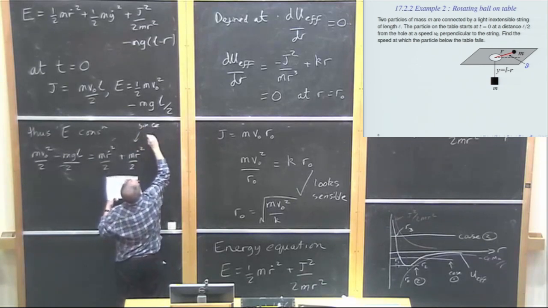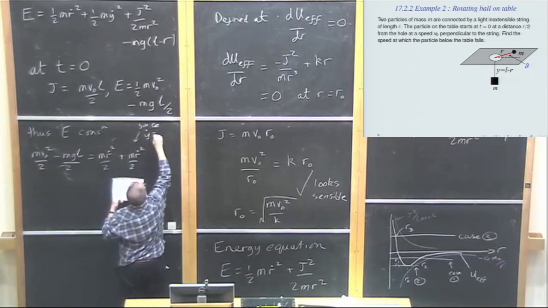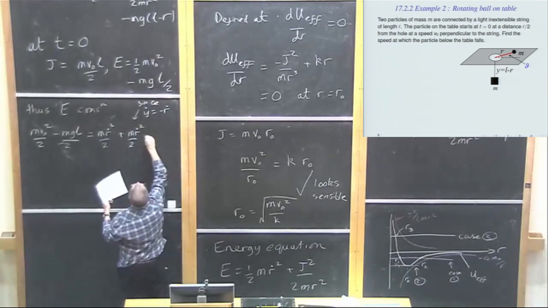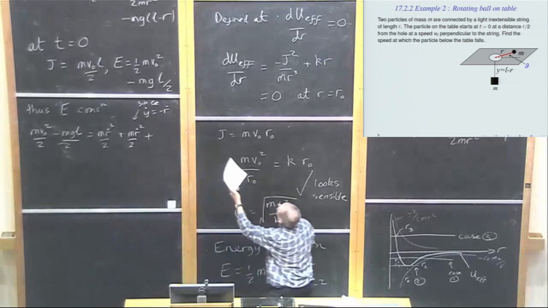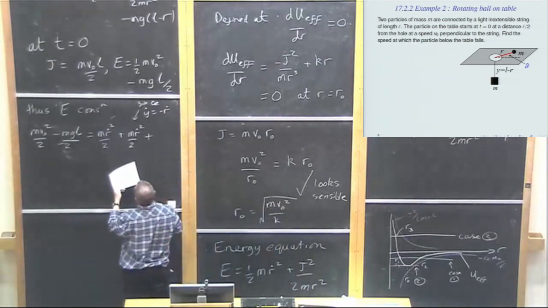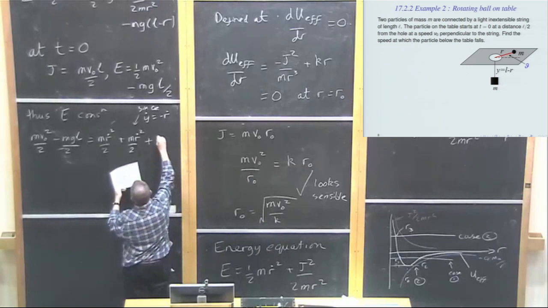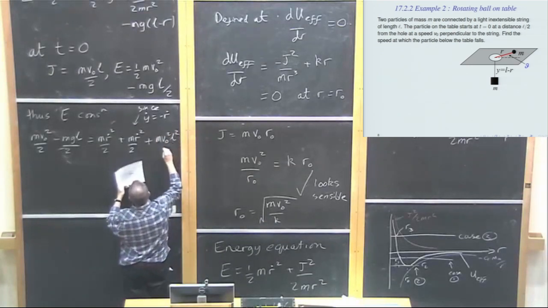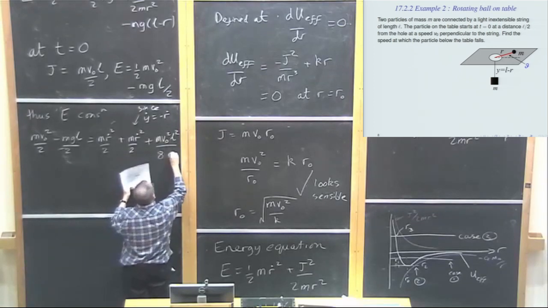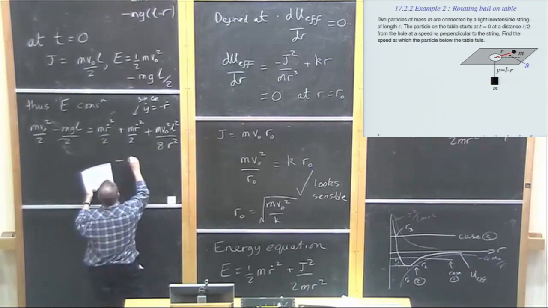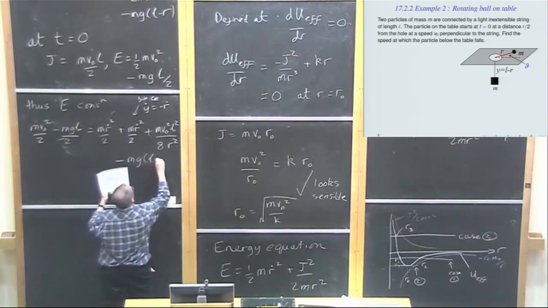Then we have the J squared term, and we know what J is. If you put that in, you get m v naught squared L squared over 8 R squared, and then the potential energy term minus m g (L minus R).